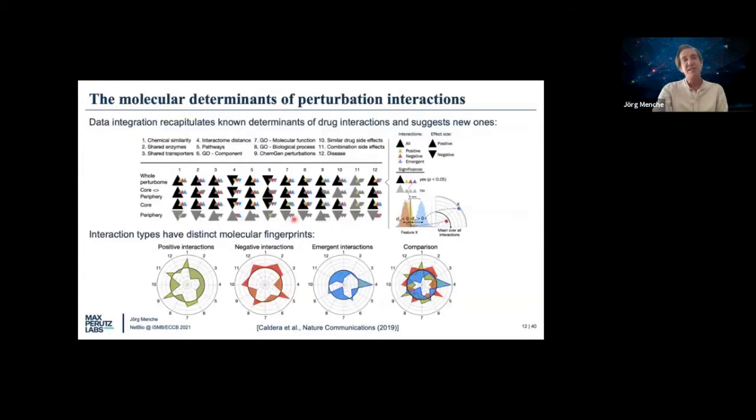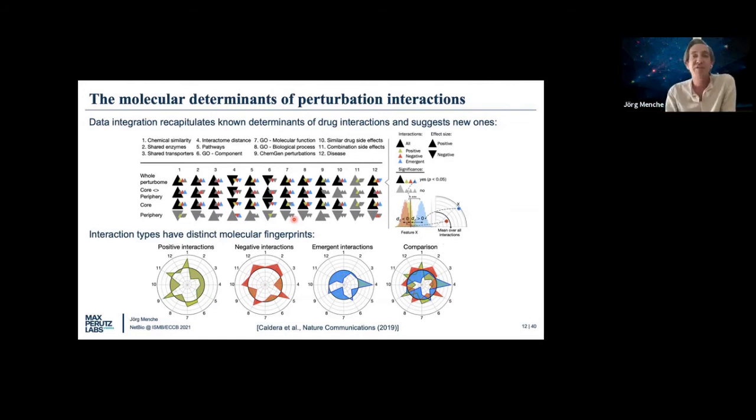The results of trying to link these observed interactions to known biology are on this messy slide that is really only supposed to make two key points. The first one is that on one hand, we can recapitulate a bunch of known mechanisms of drug interaction. For example, we recapitulate that some of these drug interactions are likely the result of competition for the same metabolizing enzyme or for a transporter.